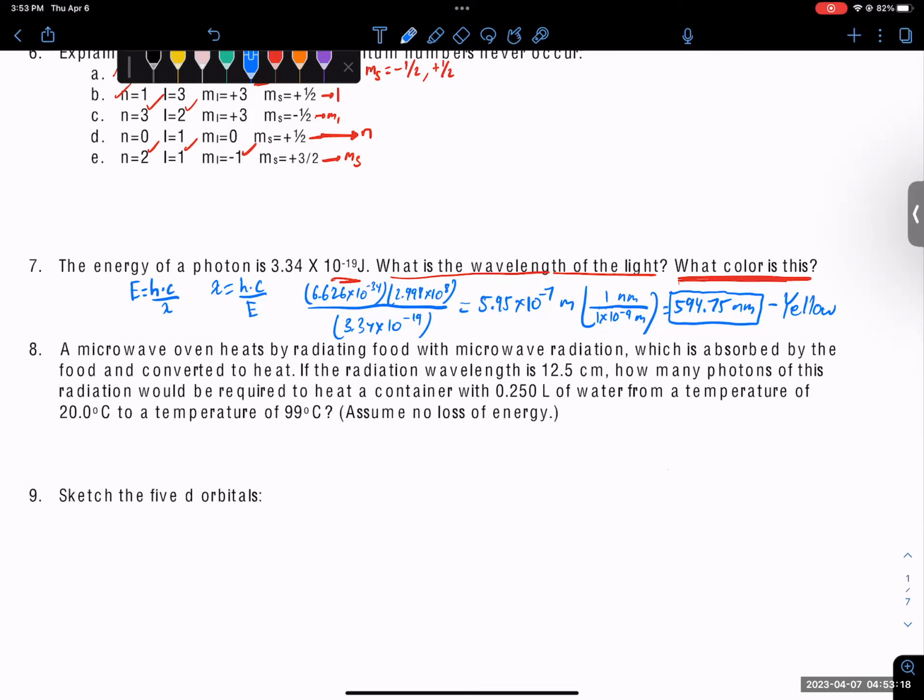Oh wait, 565 to 590, I read this thing completely wrong. So light orange is pretty much it, probably an orangish color, orange, dark orange, somewhere in that range. So some orange color, okay?